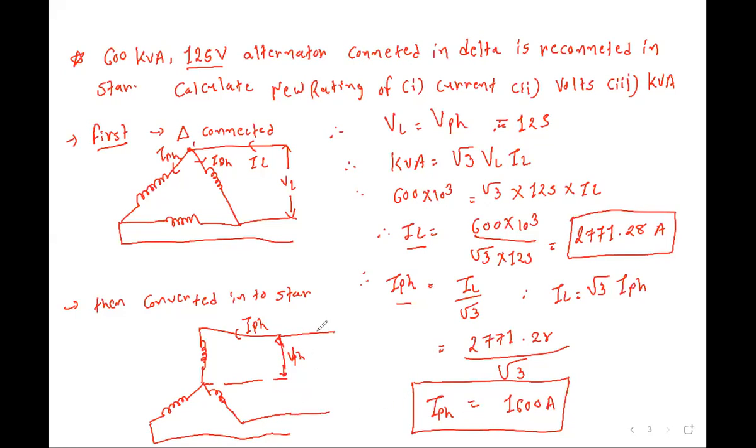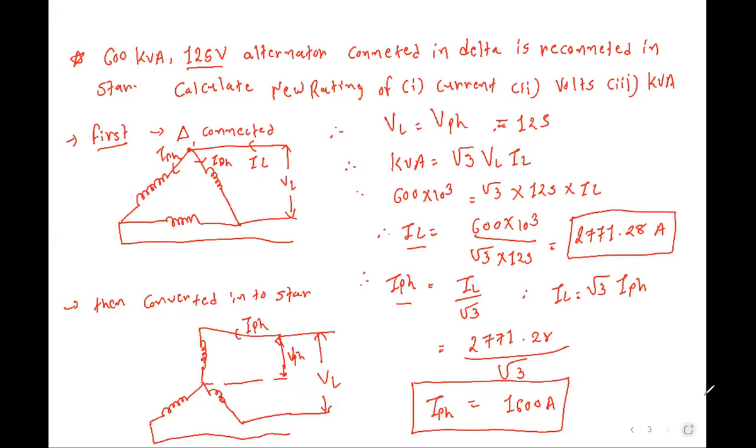Let's say this is my line voltage. So those are the values we get when using the delta connection.